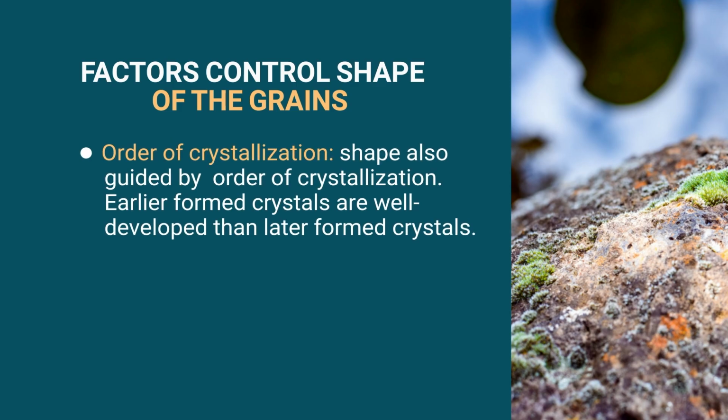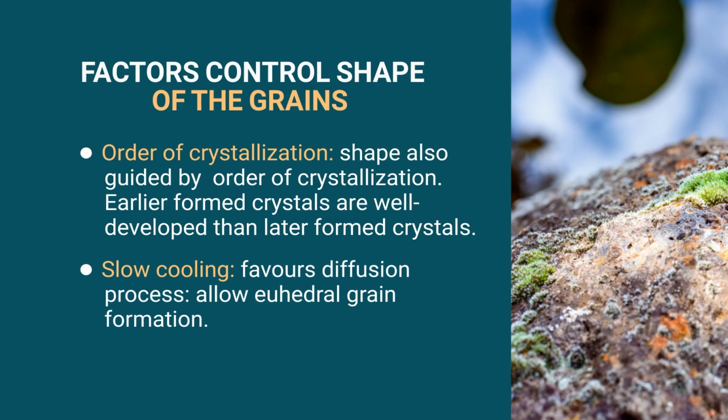Shape is also guided by order of crystallization. Earlier formed crystals are better developed than later formed crystals. And lastly, slow cooling favors the diffusion process, thus allowing euhedral grains to form.